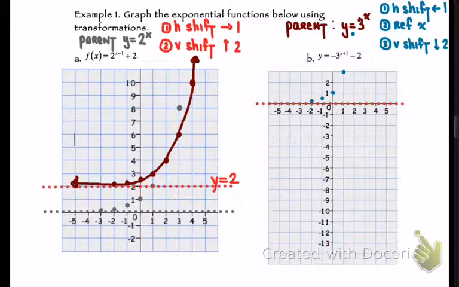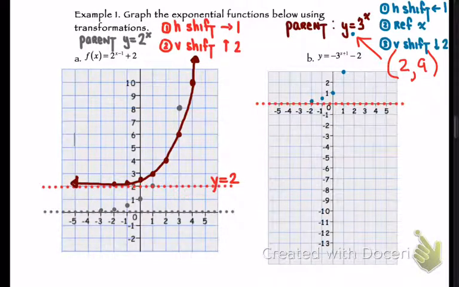Alright, so let's focus our attention. I'm going to do this point with you, start to finish, because this one might be a little difficult. Okay, here we go. Ready? So some things that I know already about this point. I know it's at (2, 9), because 3 squared is 9.